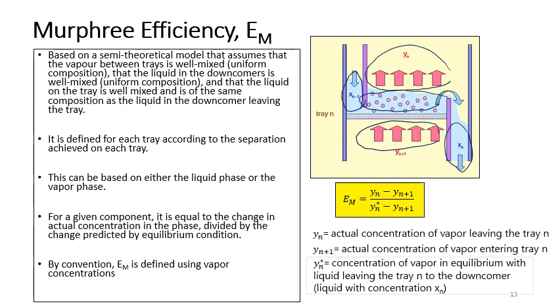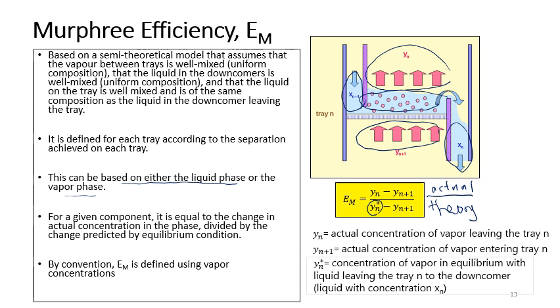Murphree efficiency can be based on either the liquid phase or the vapor phase. For a given component, it is equal to the change in the actual concentration in the phase divided by the change predicted by the equilibrium condition. This is the theory at the bottom here, and the upper one here is actual. In theory, you would reach the equilibrium concentration at that plate.